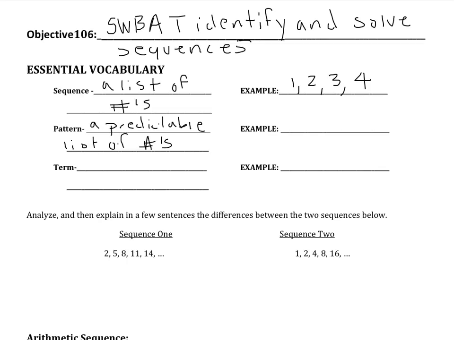So meaning we have a list of numbers and we might need to predict what is the next number. So for example, if I gave you the list 2, 4, 6, and then blank, think about right now, what would be the next number in that list? If you said 8, you are correct. The next number in that list would be 8.